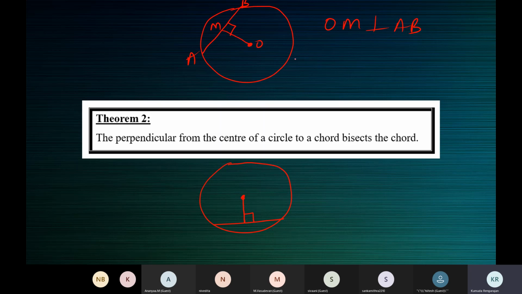OM is a line from the center of the circle to the chord and it's perpendicular to the chord. If OM is perpendicular to AB, that means M is the midpoint of AB. That is, the chord is bisected at M.